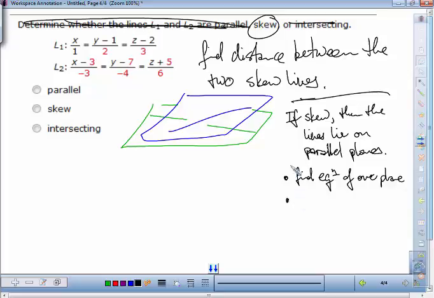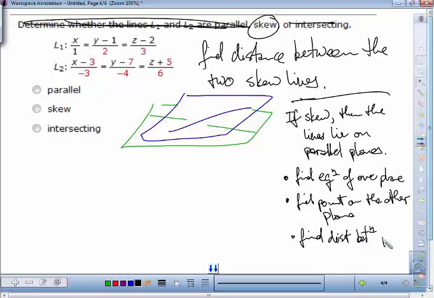And then find the point on the other line. I'll put the other plane, but we're really going to get the point from the other line. And then find the distance between the point and plane.